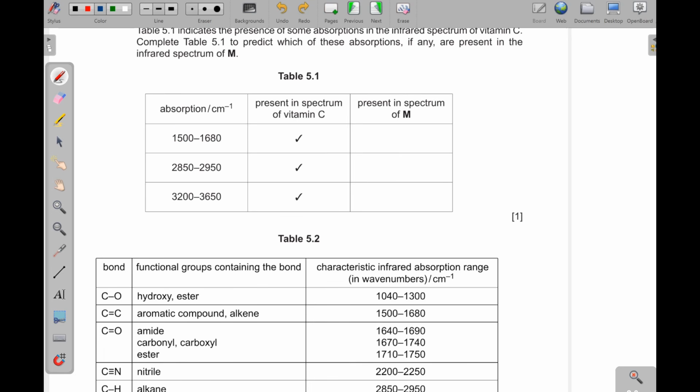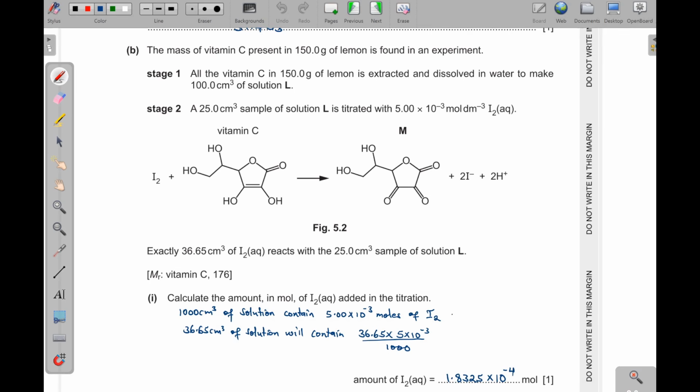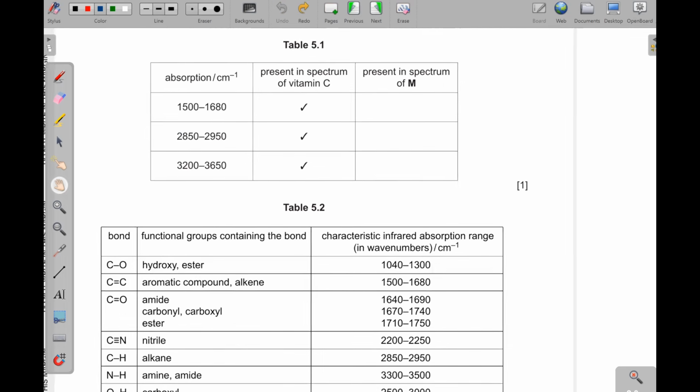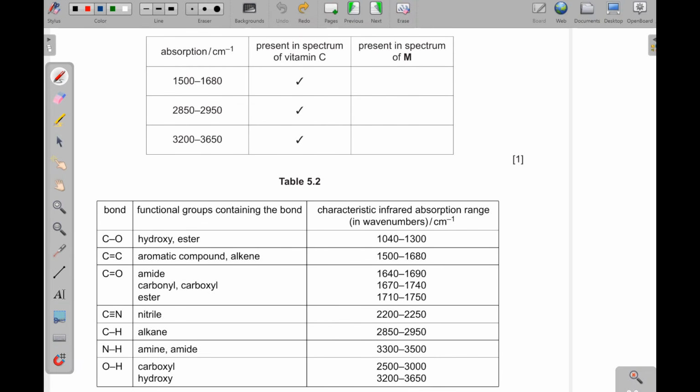If we go back and check vitamin C here, there is an alkene, a carbon to carbon double bond, you see? So they put a tick. Then 2850, 2950. You can see it here, and this one corresponds to an alkane.